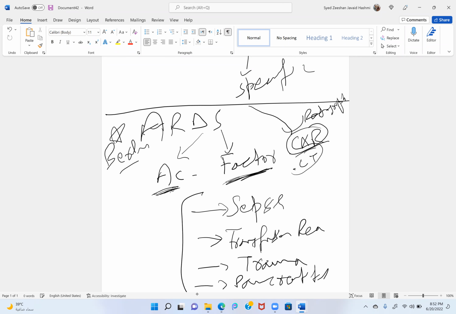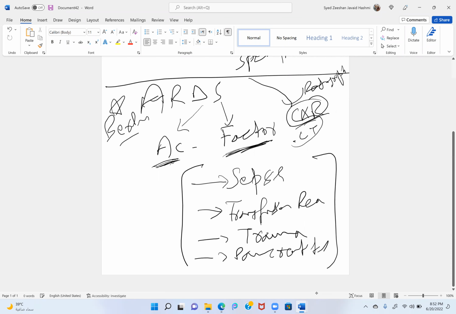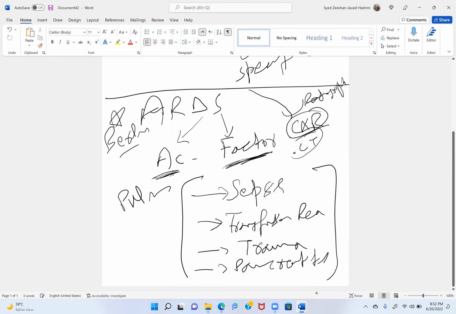There are so many factors. You can divide it as pulmonary and extrapulmonary factors. Very good. So there are certain factors, and try to memorize 3-4 common ones, as Jamil told, pulmonary and extrapulmonary.